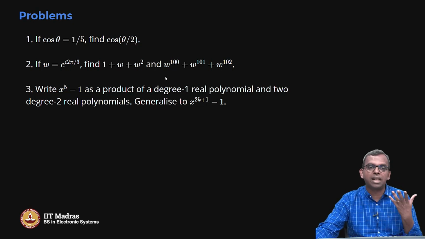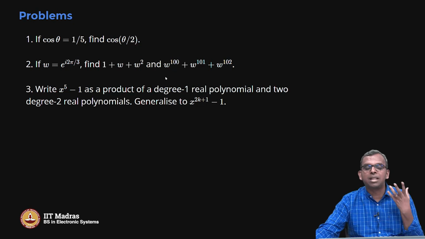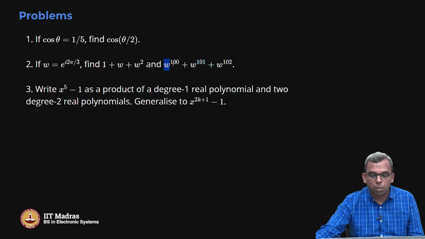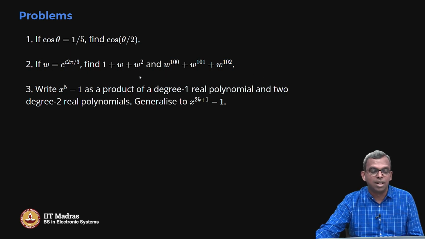So, it is omega power 3 raised to the power 33, and omega power 3 is 1. So, omega power 99 is just 1. Okay. So, this just becomes omega. This is just omega squared, and this is also omega power 3, which is also 1. So, you get 1 plus omega plus omega squared. This will also become 0. Okay. So, do not go around evaluating sine and cos too much. You use the property that omega power 3 is 1.